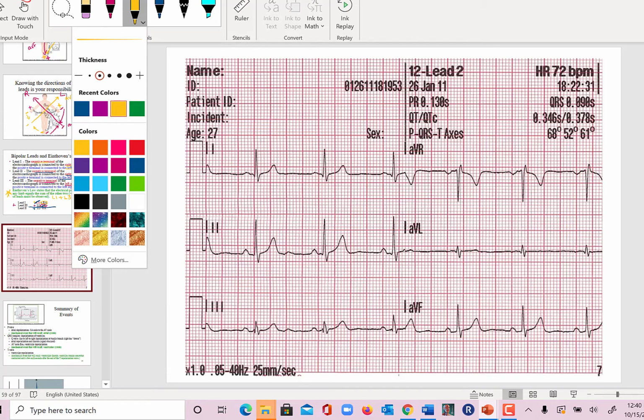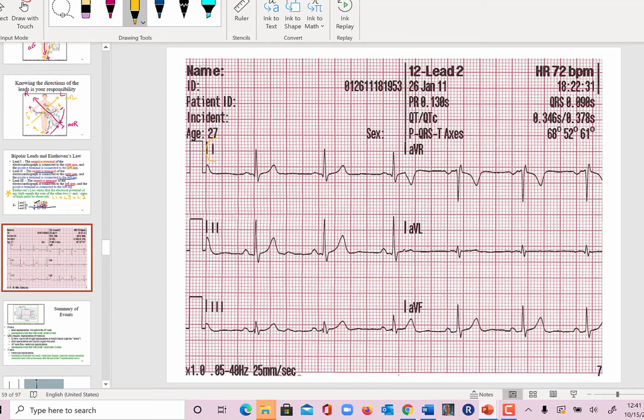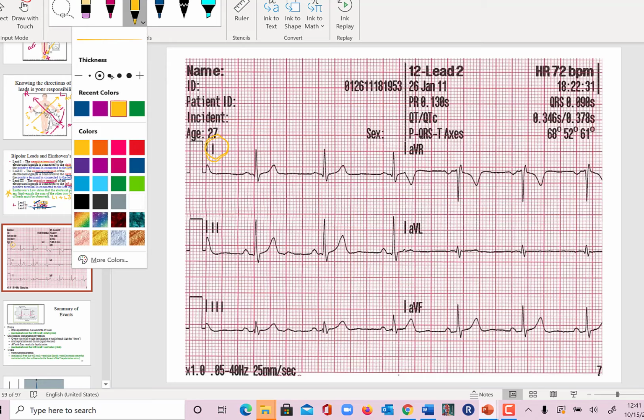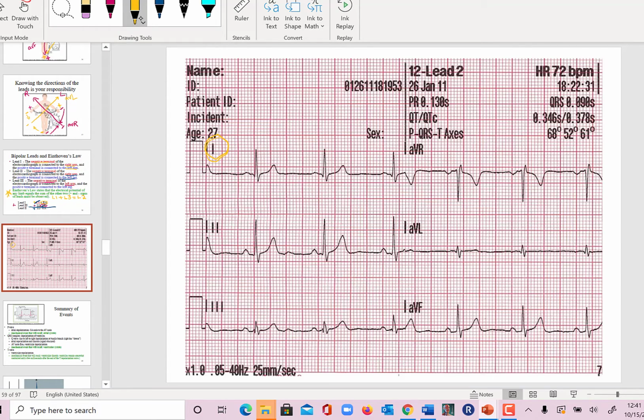So I'm going to start with lead 1, shown here. I'm circling lead 1. I'm using my gold color. And now I'm going to draw a best fit line for a baseline, and I'm going to draw that baseline straight through the QRS complex. Do you see what I just did? I just drew my best fit line.